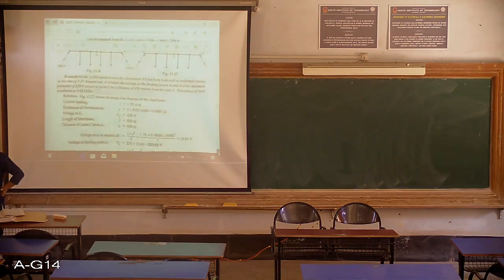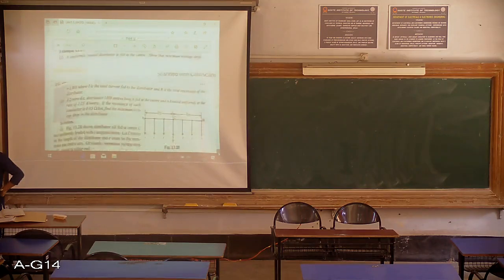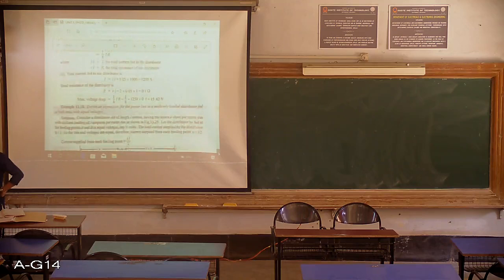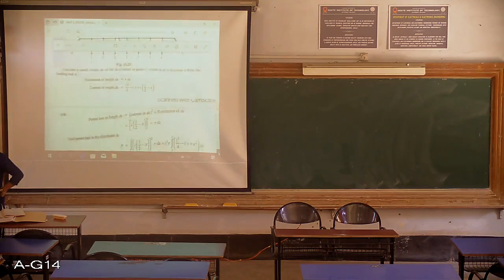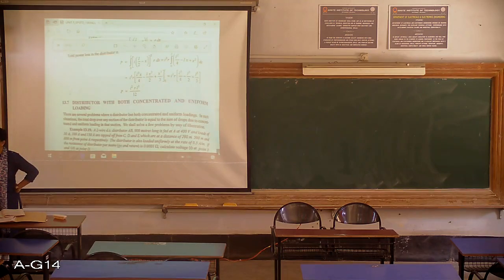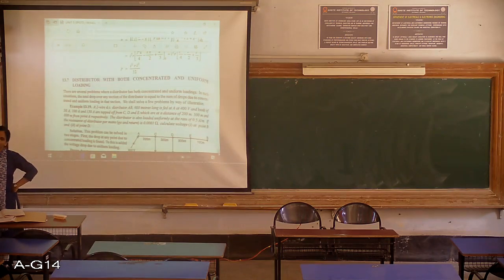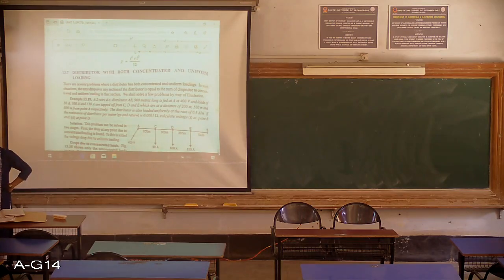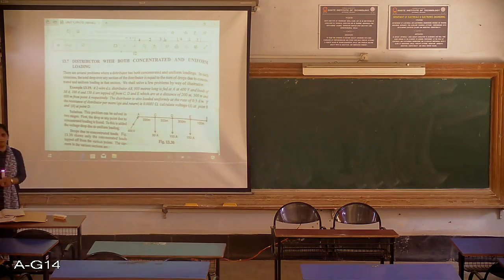We have covered all the types here. What is remaining is that you have to understand what a ring distributor is. One more thing left out was the distributor with both concentrated and uniform loading. We will illustrate the type of problem with an example.